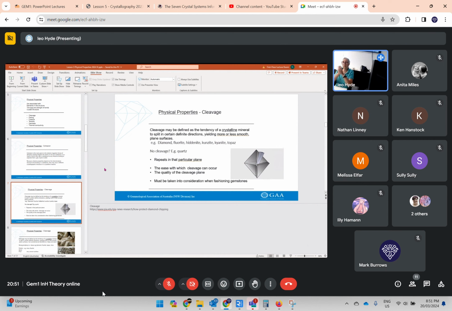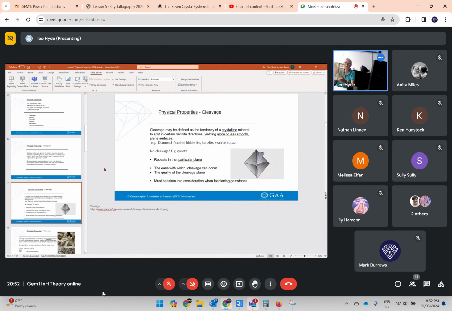So that's why, when we've got a topaz crystal, cleavage on a topaz is parallel to that basal plane. So with a topaz, it could keep breaking over and over again. If we tried to cut a gemstone and polish that surface, we would never get anywhere because it would keep breaking. We could never polish it. So if you cut a topaz as a round brilliant stone, none of those 57 facets can be in that direction of the basal plane, because you'd never be able to polish it.